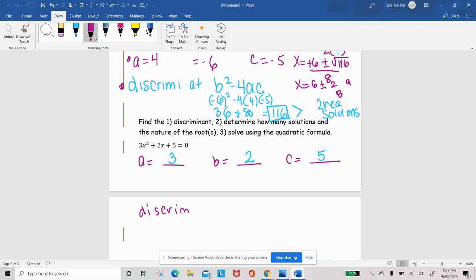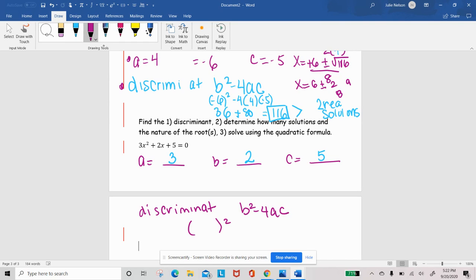Now remember, the discriminant, its job is to determine what type of solutions you are going to get. Will you be getting 2 solutions, 1 solution, no solutions? So the formula is b squared minus 4ac.